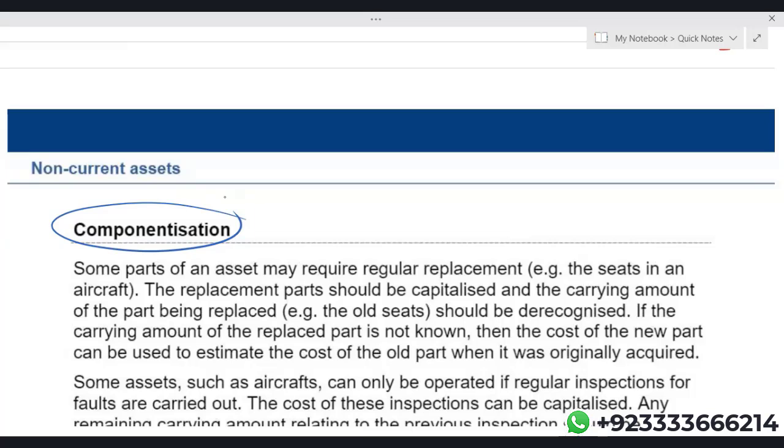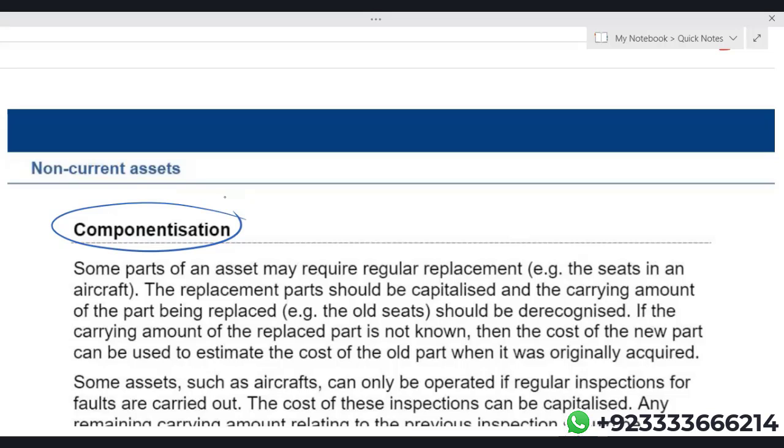You cannot depreciate the entire asset on a single useful life. It is not possible. So in case of componentization, each component will be depreciated separately because every component will have a different useful life.